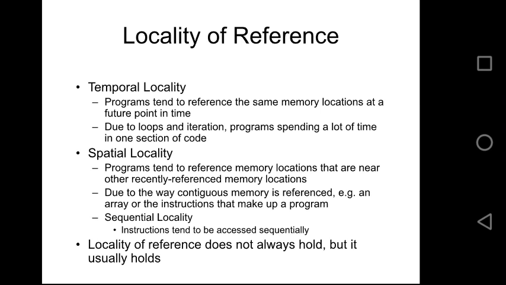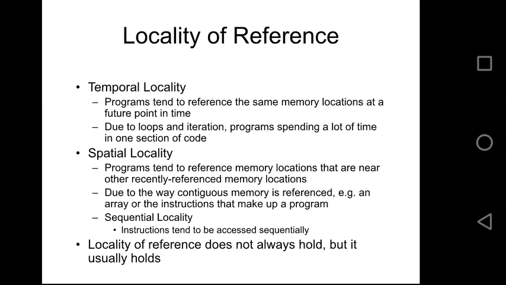You may execute the body of the loop for n number of iterations, so you will be accessing the same set of addresses again and again. So it is better to keep the body of the loop or the body of a function call in cache memory.